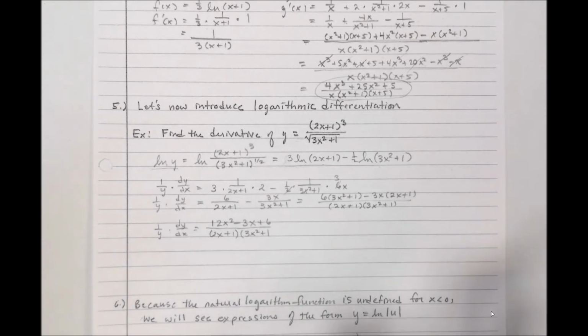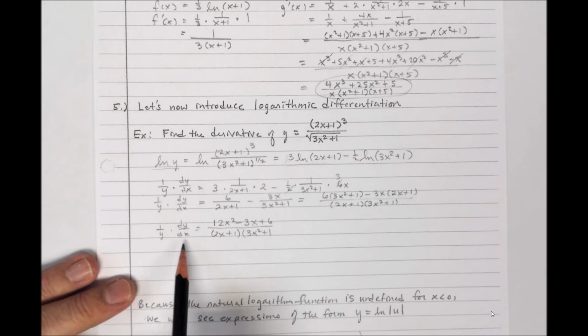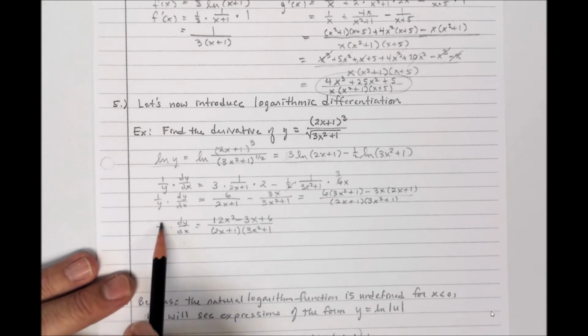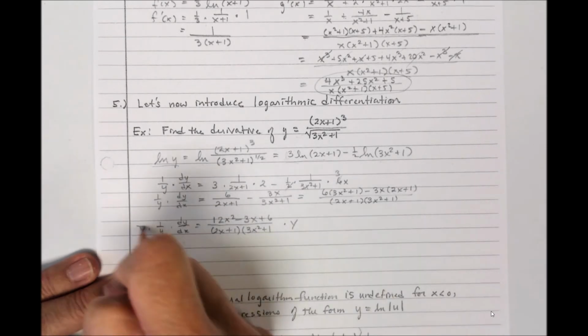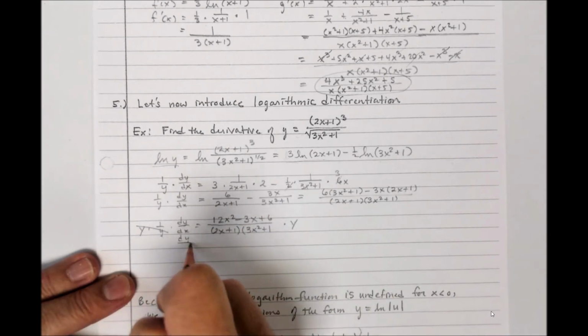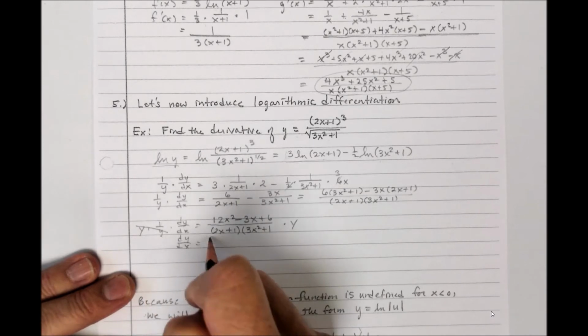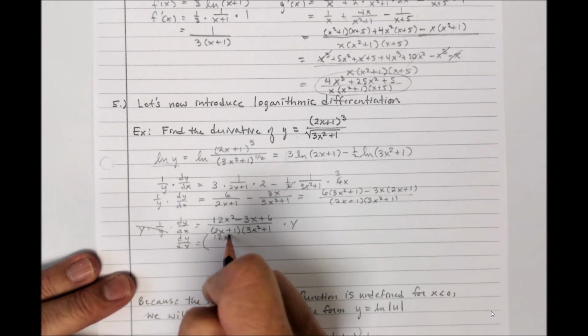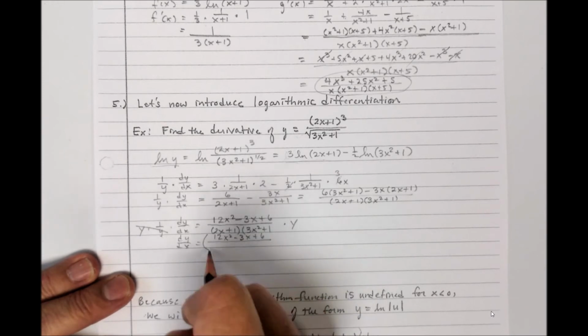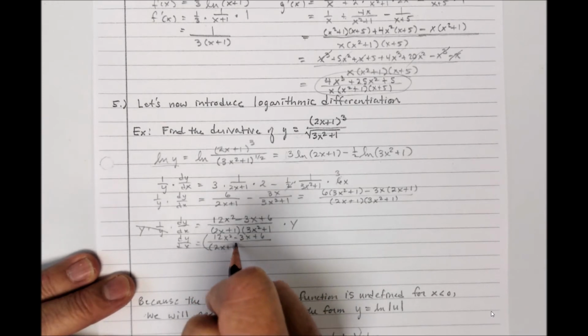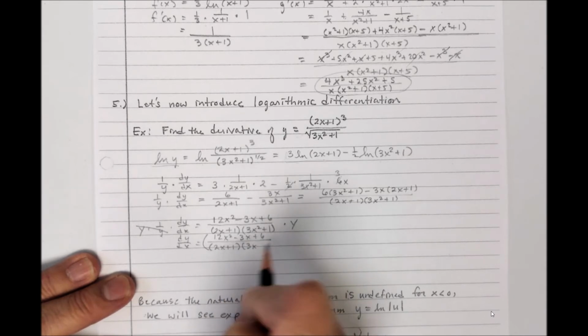But I'm not done, because I want dy/dx. I have 1 over y times dy/dx. So to get rid of the 1 over y, I'm going to multiply both sides by y. So I have dy/dx is equal to this big mess, which is 12x squared minus 3x plus 6, all over the quantity 2x plus 1 times the quantity 3x squared plus 1 times y.